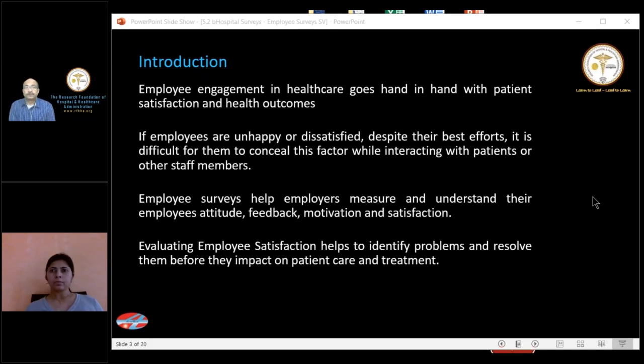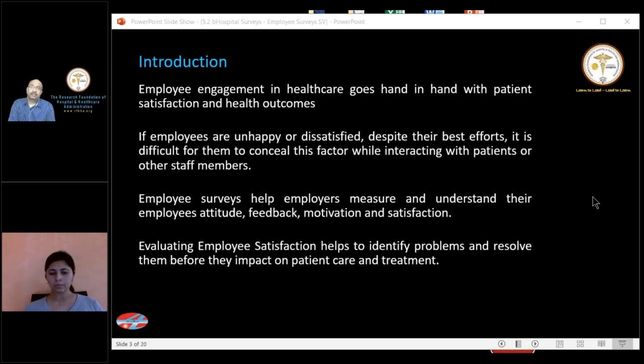If the employees are unhappy or dissatisfied, despite their best effort it is difficult for them to conceal this while interacting with patients or other staff members.